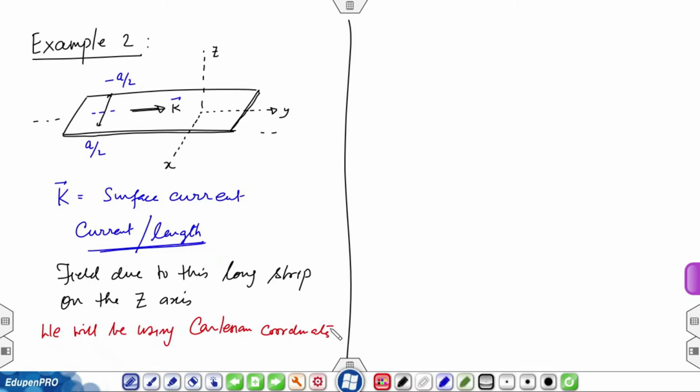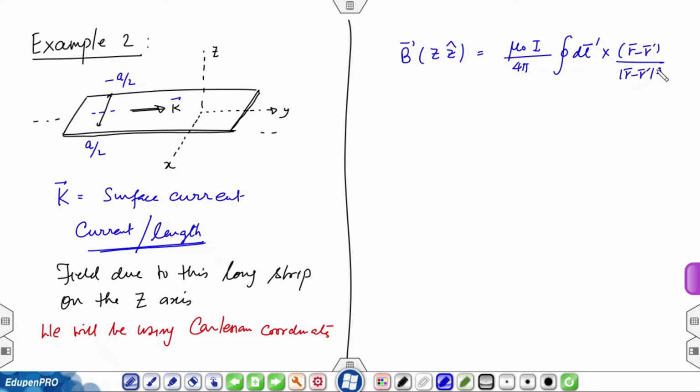So, again when I calculate B at some point z unit vector, this is going to be mu naught I over 4 pi integral dl prime r minus r prime over mod r minus r prime cubed.